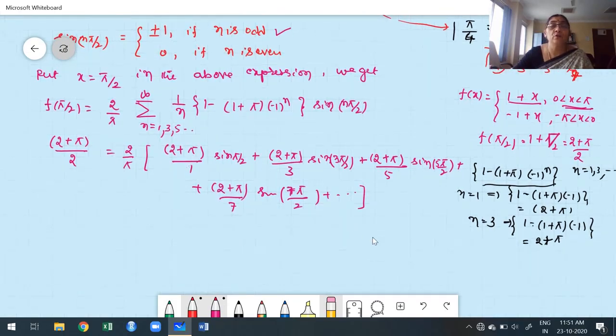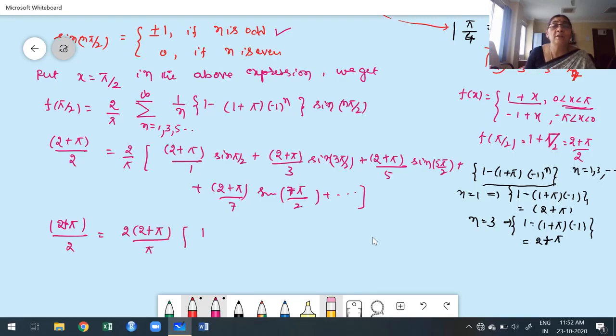The common factor is 2 plus pi. In the next step, 2 plus pi divided by 2 equals 2 into 2 plus pi is a common factor by pi.